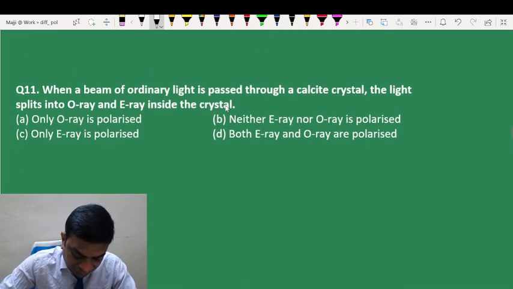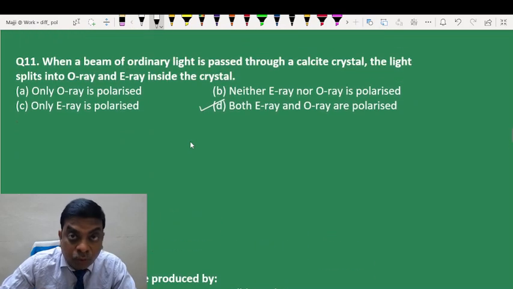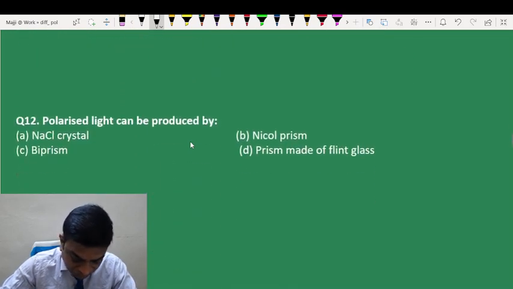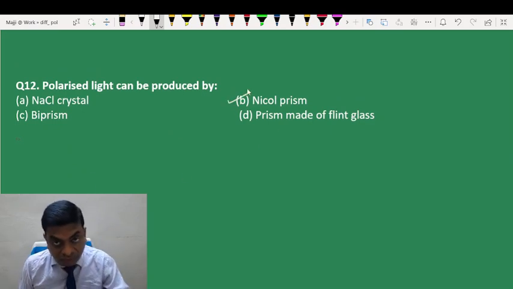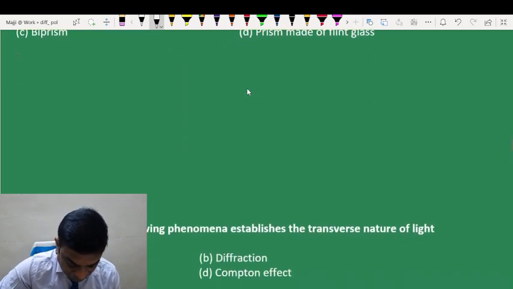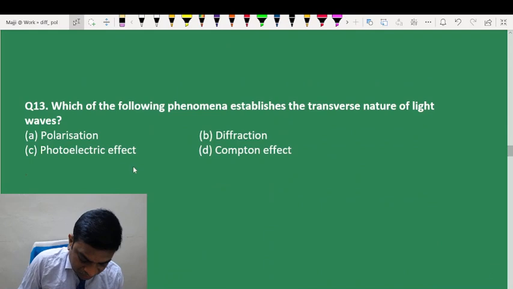Coming to question 11, when a beam of ordinary light is passed through a calcite crystal, the light splits into ordinary ray and extraordinary ray inside the crystal. Both E ray and O ray are polarized, that we have seen, at two mutually perpendicular planes, of course. Then polarized light can be produced by nickel prism. We already studied this. Then which of the following phenomena establishes the transverse nature of light?